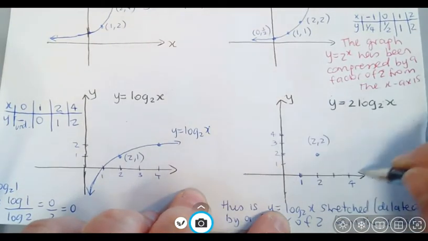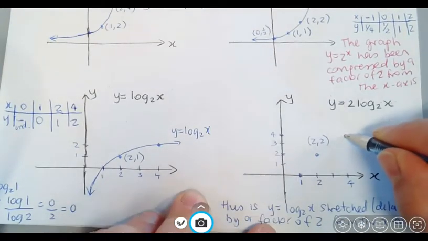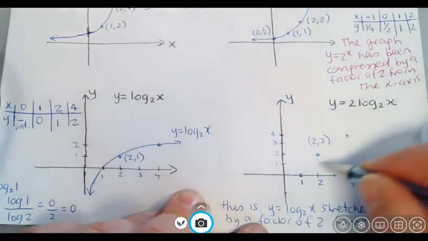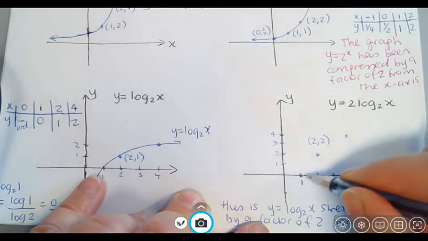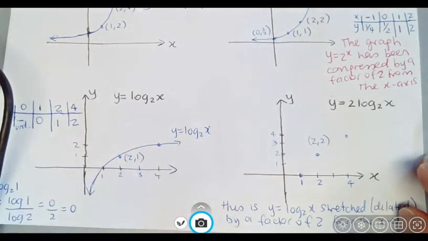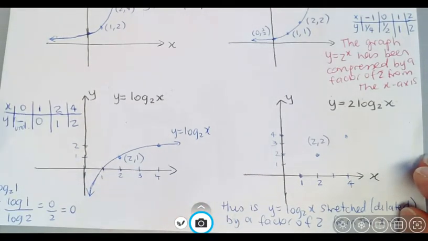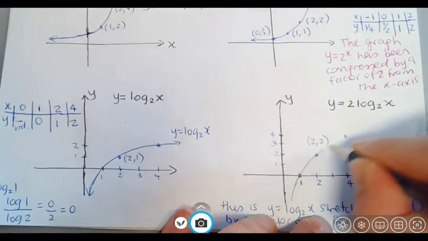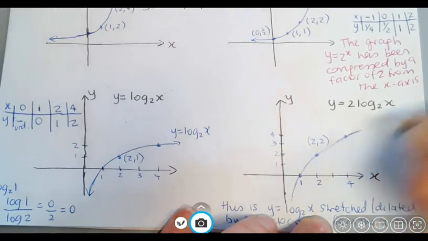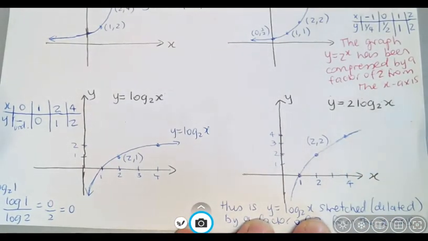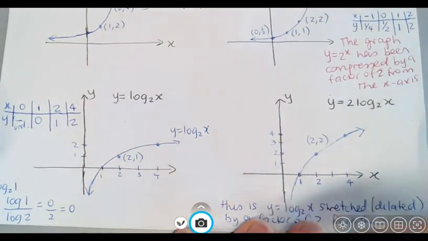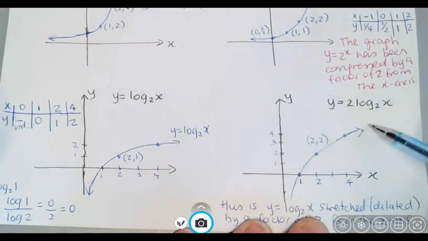Because it's been stretched or dilated by a factor of 2 from the x-axis. The shape is still the same, but it's just a lot steeper. Okay, so notice this is a lot flatter. This is steeper.